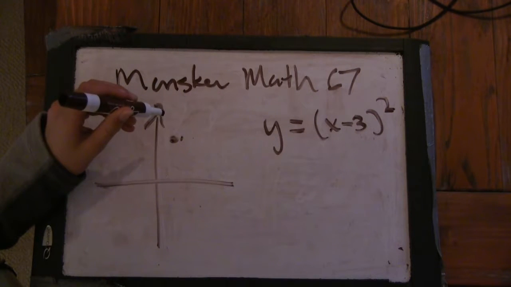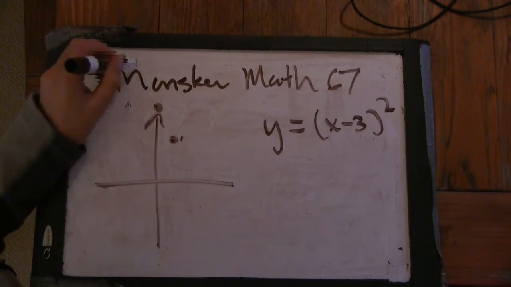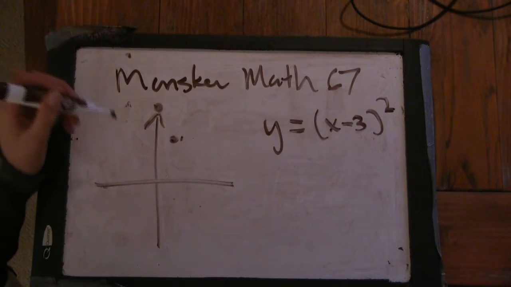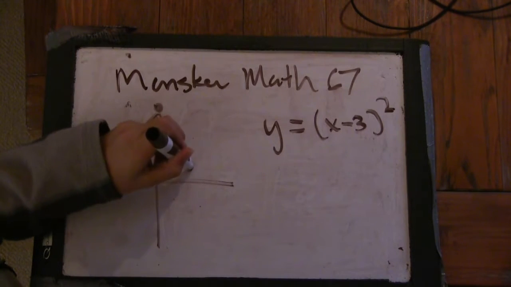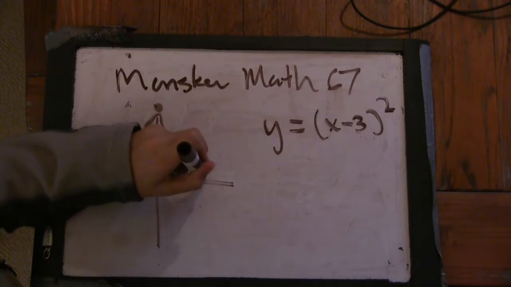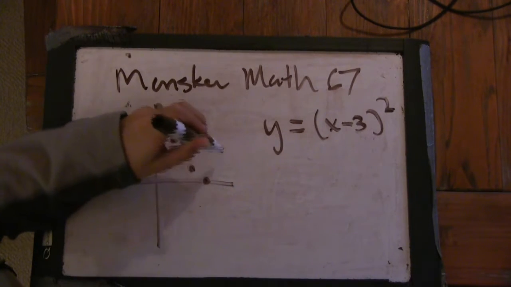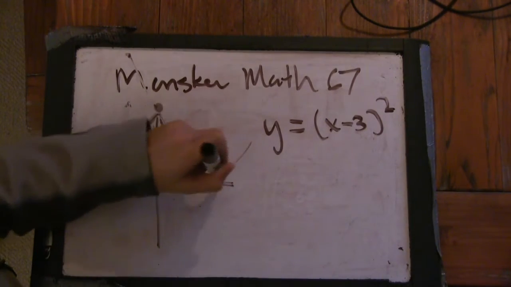When x is negative 1, y is 16. It's going to be way up there. Next, 2 gives y is 1. Next, 3 gives y is 0. So we have something that looks sort of like this.